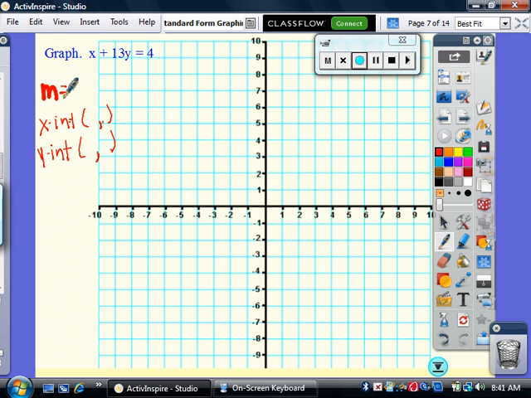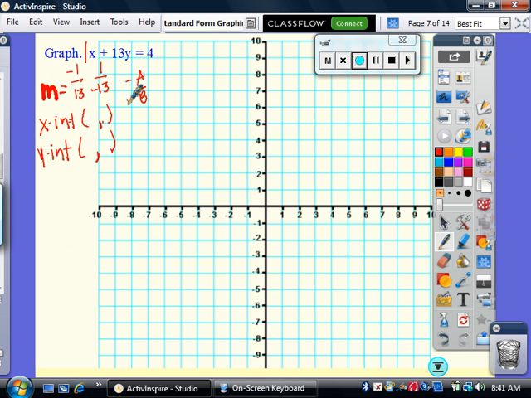Right now in this problem, a is understood here to be 1, b is 13, and c is 4. And so just to go back over the formulas again, the slope negative a over b would be negative 1/13. And I can write both of those ways.